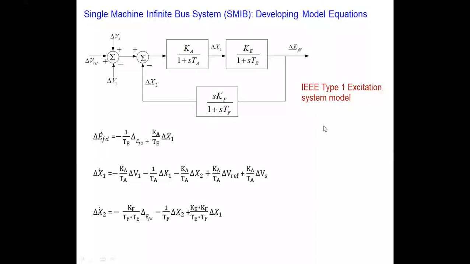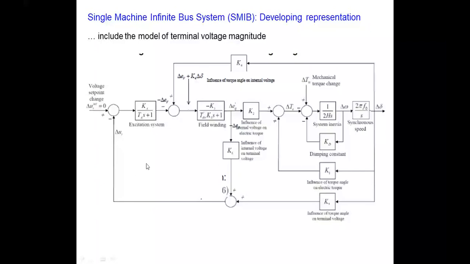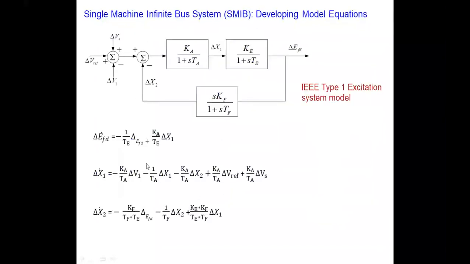And here this could be the signal that you have from the transducer part, and then another signal you can get from the power system stabilizer part here. So this is the summation point for the AVR section, right?